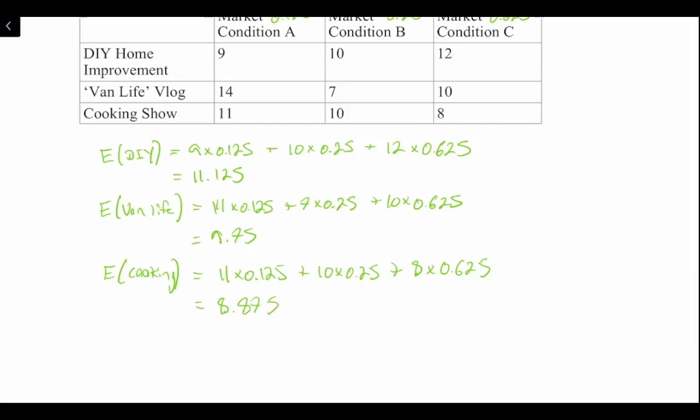So we'll just write them up here just to keep it simple: 11.125, 9.75, and 8.875. This is all in millions of dollars. Okay?